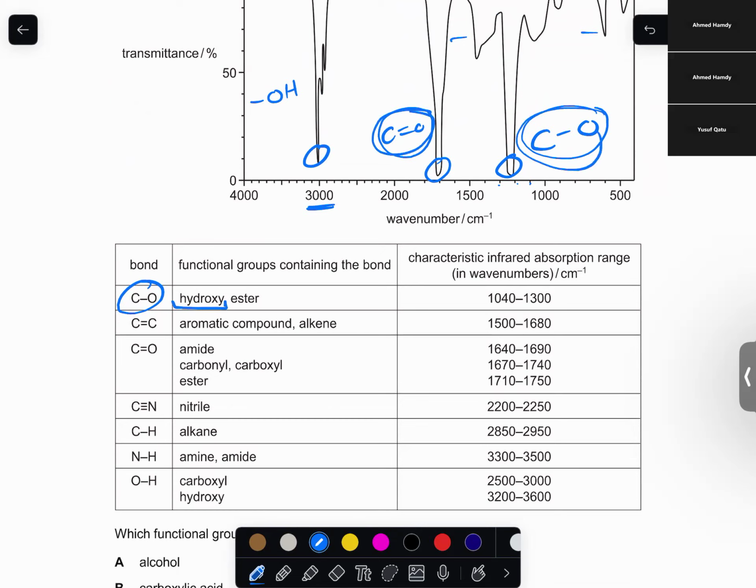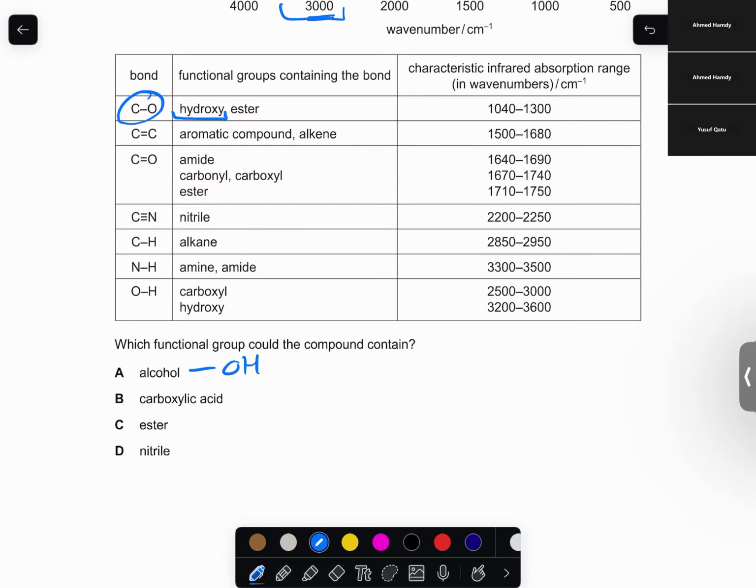And since we have C=O, if we had OH in addition, it would be a carboxylic acid, and it would have a wide peak at this OH. We don't have a wide peak here, so it's not an alcohol. So this compound doesn't contain OH. It just contains C=O and C-O.